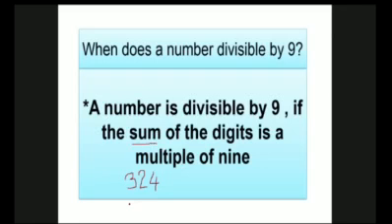So again, let's see if it's divisible: 3 plus 2 plus 4. 3 plus 2 is 5, plus 4 is equal to 9. And therefore 324 is a perfect number that is divisible by 9.